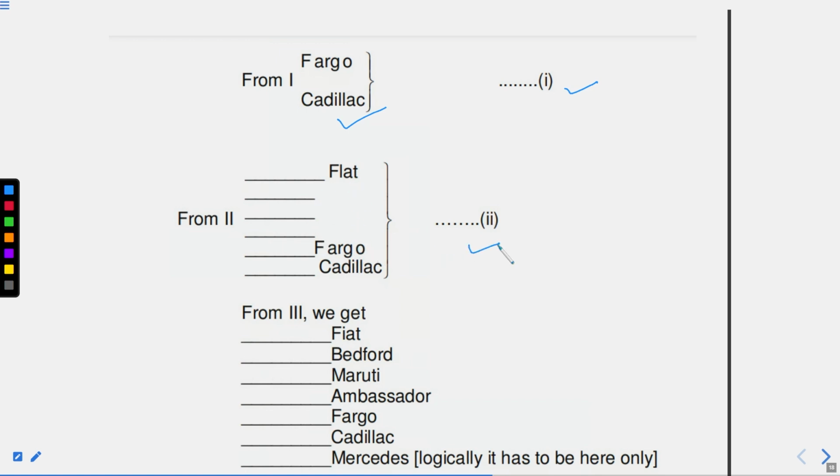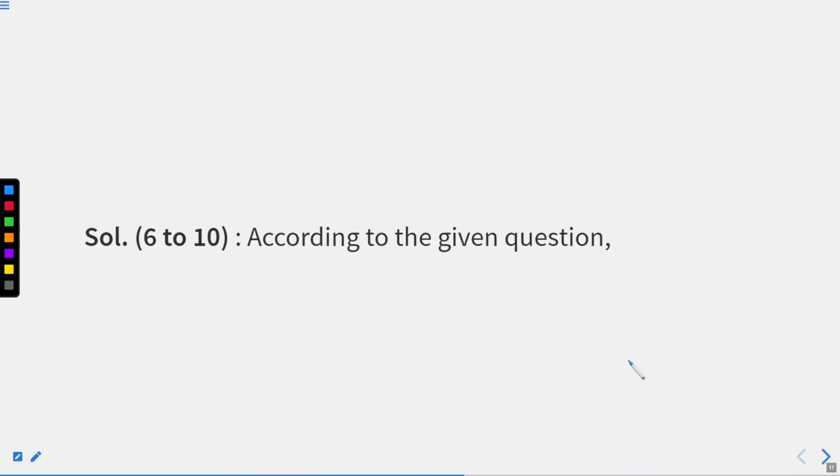And we are able to form this. And from the third, we are able to get this. And the 7th one that I am talking about is Mercedes. That logically will be here itself, because all 6 positions are already filled. So you are able to form all these diagrams, right? We'll come to all these diagrams and answer our questions, right?